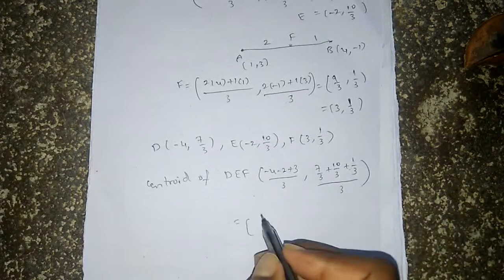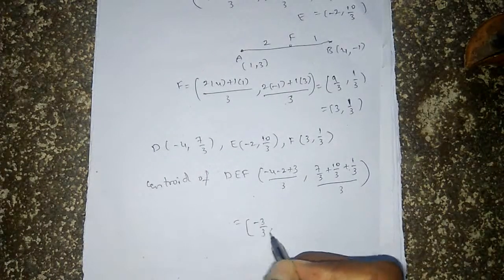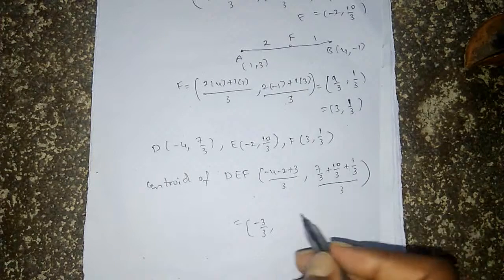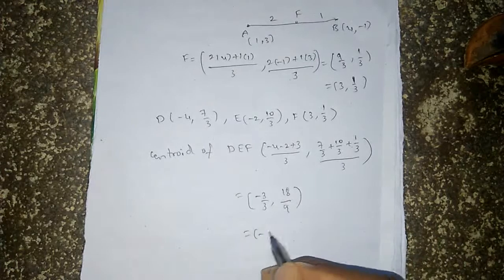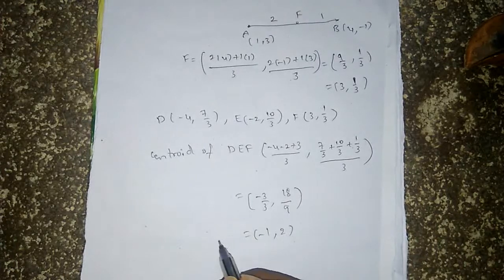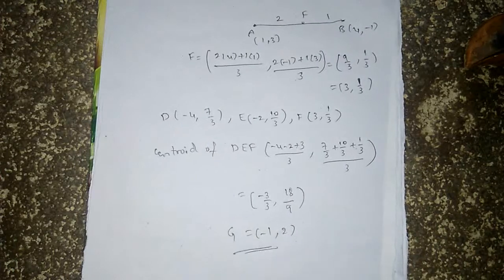This is (-6 + 3 = -3, -3/3), and (17 + 1 = 18, 18/3)/3, that is 18/9. This is (-1, 2), the centroid of triangle DEF.